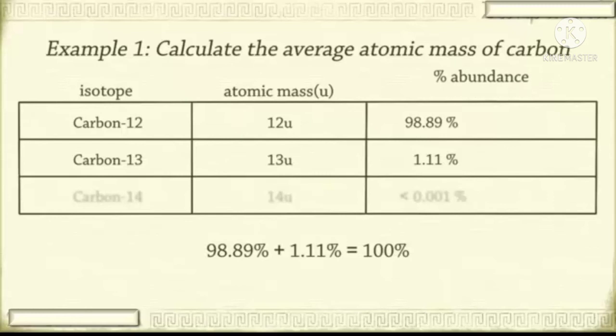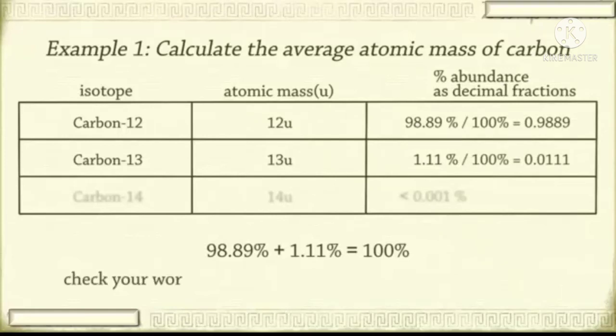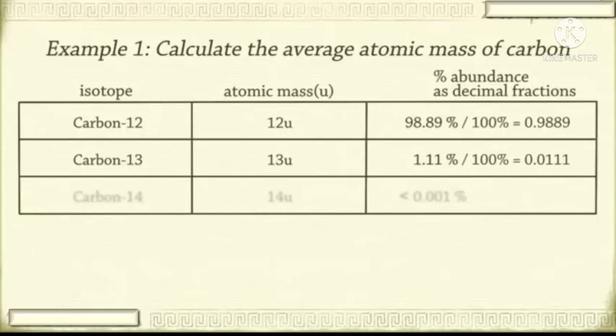Change the percent abundances to decimal fractions by dividing by 100%. 98.89% becomes 0.9889, and 1.11% becomes 0.0111. Check your answer. There are 2 types of carbon we're worried about here.